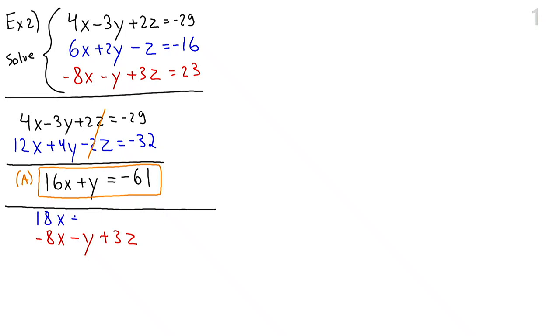18x plus 6y minus 3z equals -48. And the third equation stays the same.